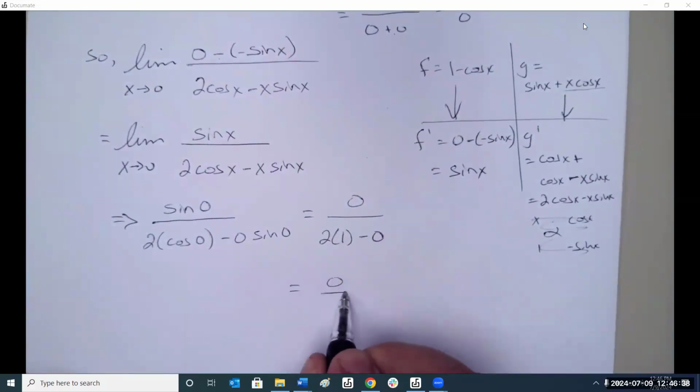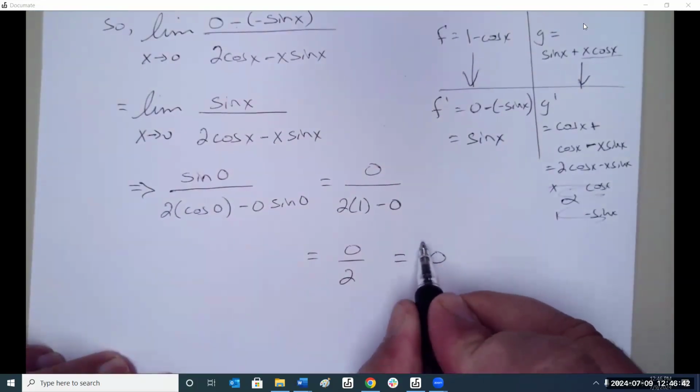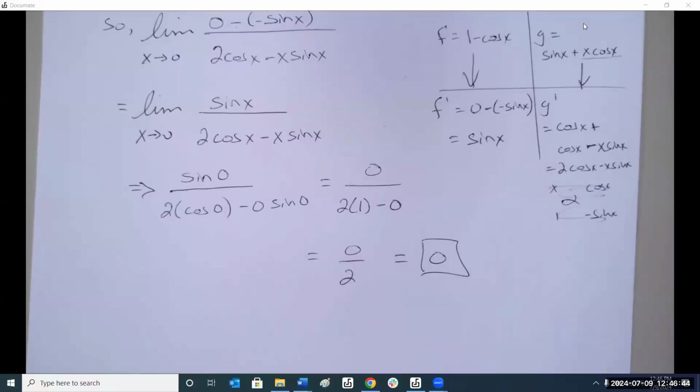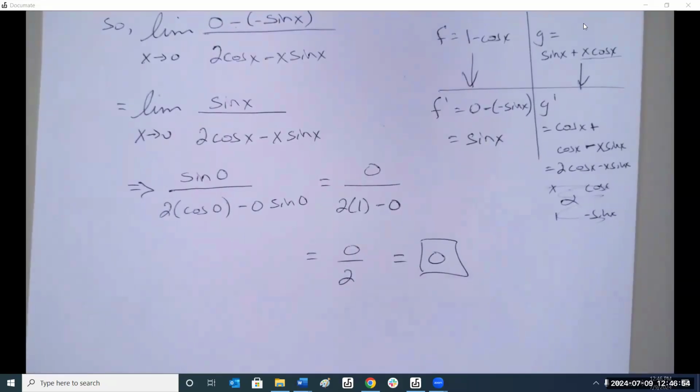So the answer is 0 over 2, 0. It's not difficult, it's just long. A lot of moving steps. Again, you have to know how to do your derivatives.